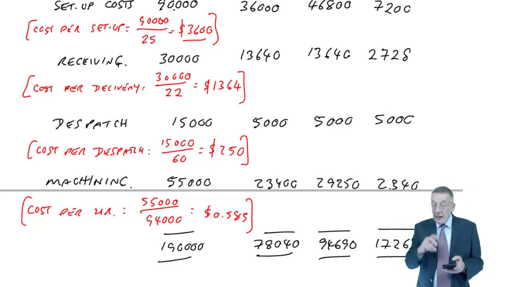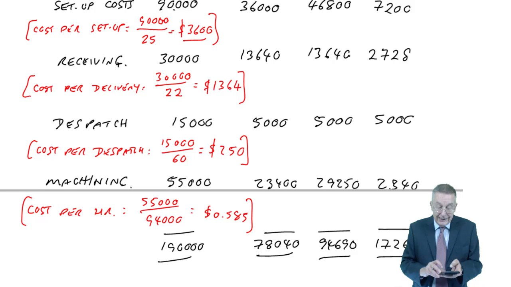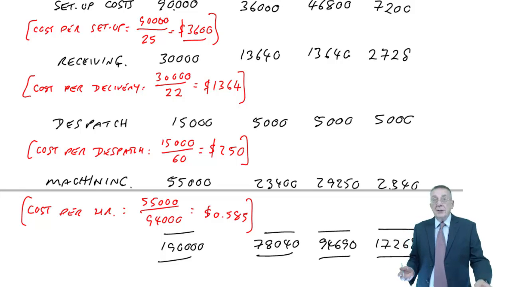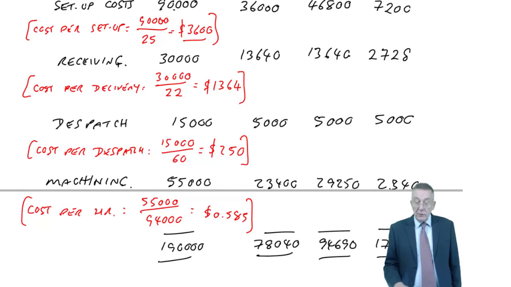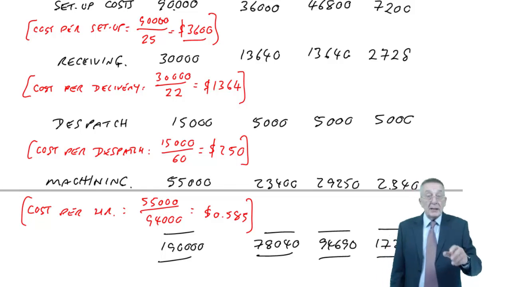Now again, because of that rounding earlier, it won't add up to exactly the right figure. Let me make sure it's close to it, and I haven't made a silly mistake. 78,040, 94,690, 17,268. Yeah, it's $2 different. You're about to see why. I don't really care. But there's the total we're giving to each product.